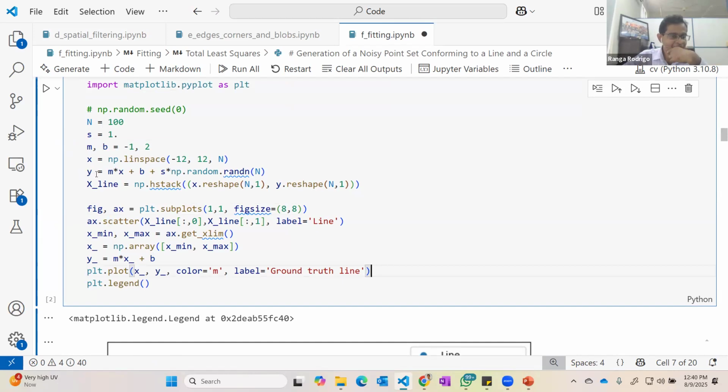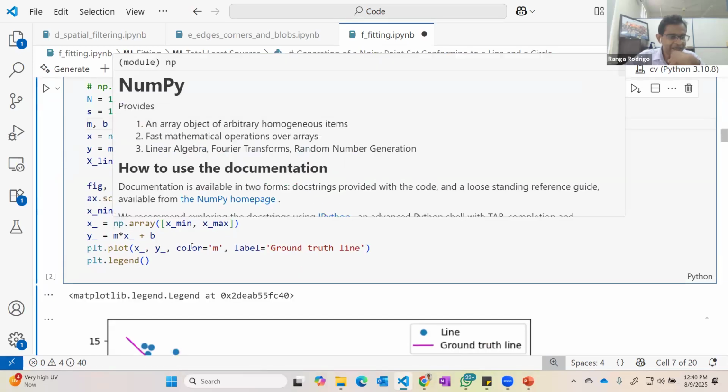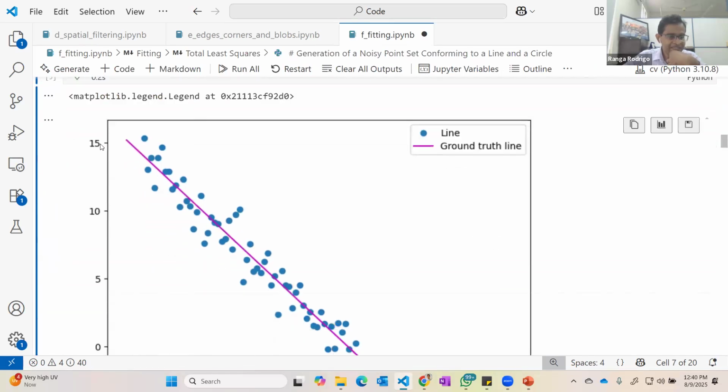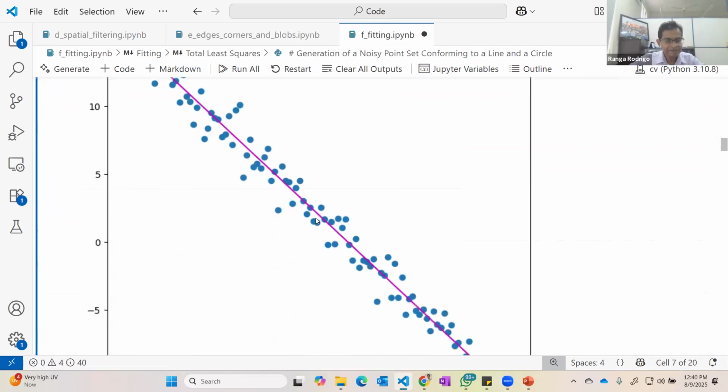Once again, I am creating the points by adding random noise, where the scale of the noise is S. Then plotting the scatter. Here's the ground truth line.